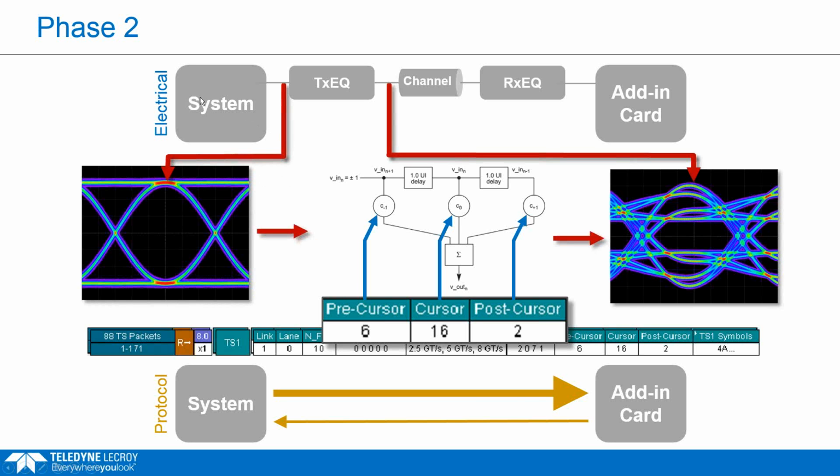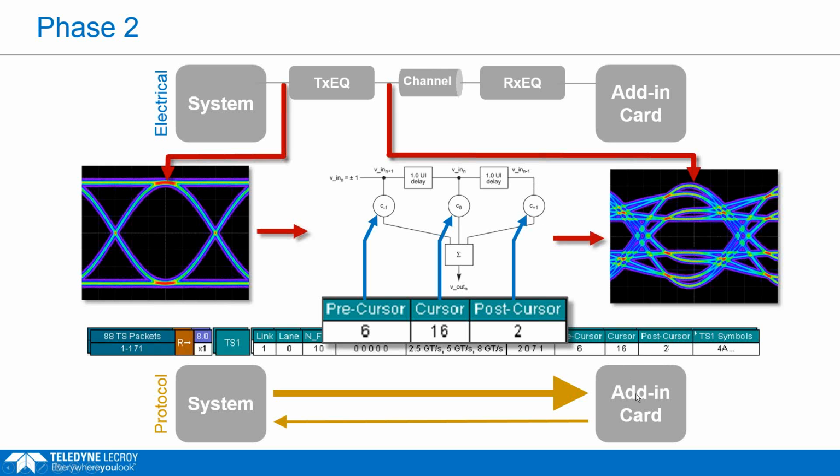The output from the system, we have some nice clean eye diagram, but we want to apply some equalization filter to it, specifically the filter that was requested from the add-in card. So the system will set these coefficients into its filter, and the output of that TXEQ block will now look something like this. It's a fairly distorted signal, but that's a good thing because we want to distort it in anticipation of the loss of this channel.